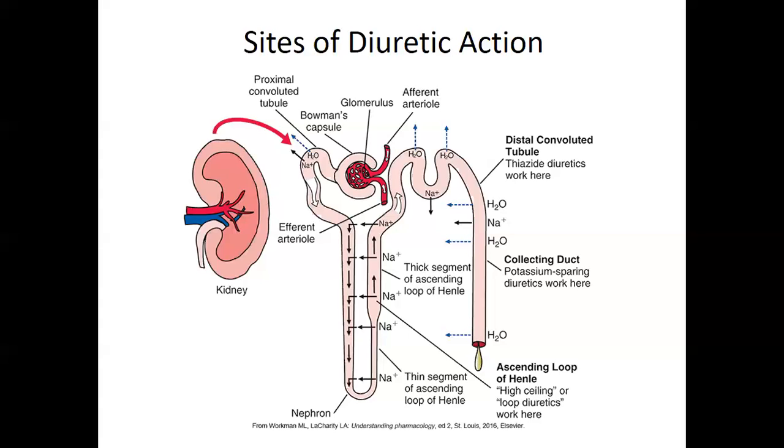Those will be your Aldactone and your Dyrenium. Again, with those, you're going to monitor potassium levels to assess whether they are within normal levels, because higher than normal blood potassium levels can occur with these drugs. Your potassium will still be there building up even though everything else is draining out.